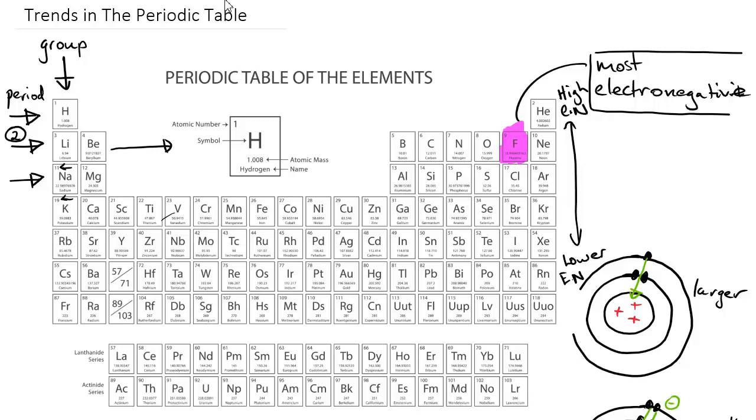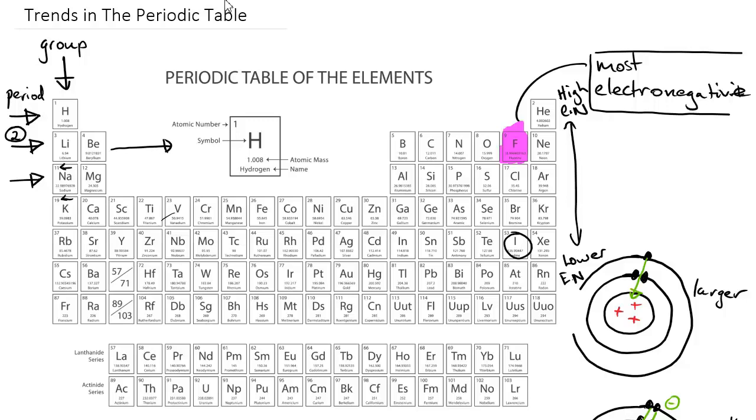But as the atom gets bigger and bigger, in the case of iodine or some of these elements down here, the electrons are further out and further away from the nucleus, and therefore they're more easily lost.